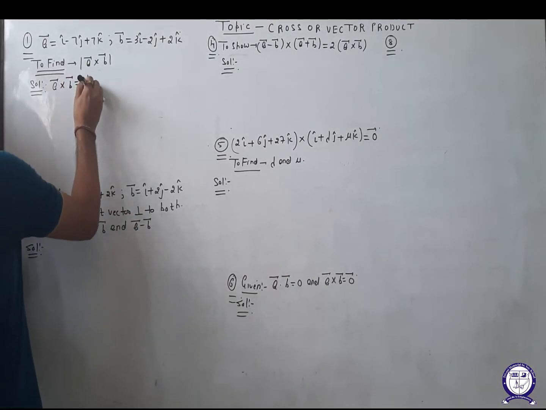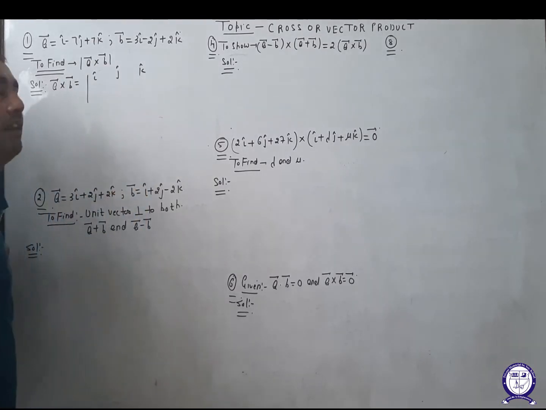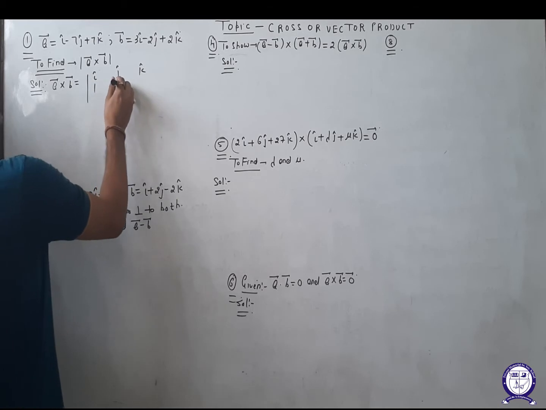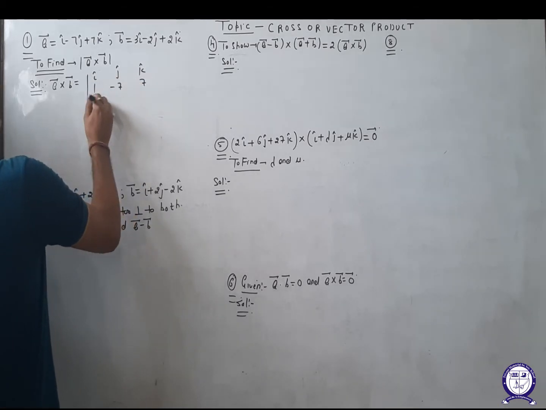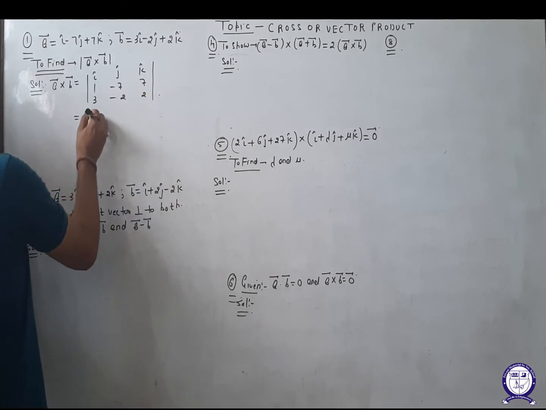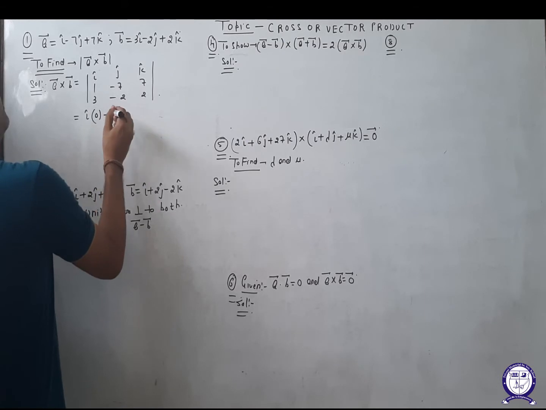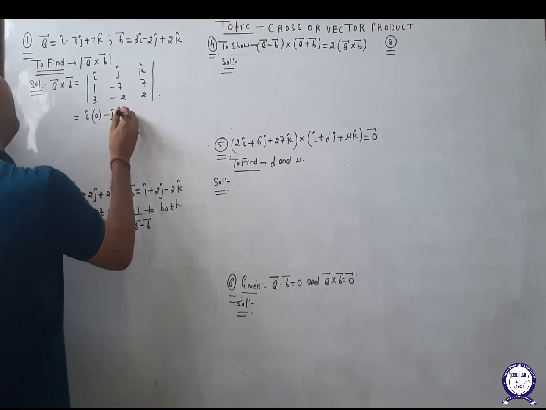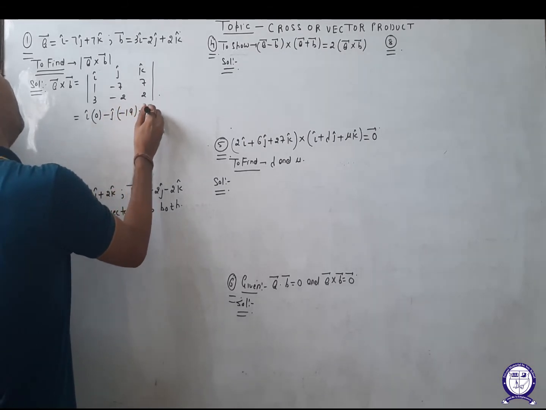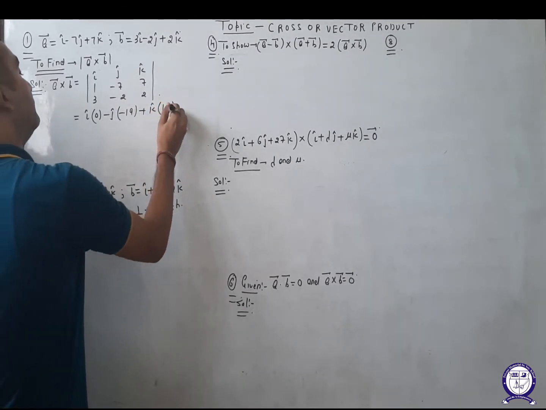If two vectors are available to us, then the cross will be solved like a determinant. First vector, that is your second vector. Solve it like a determinant, that is 0 minus j cap, that is minus 19, plus k cap into 19.